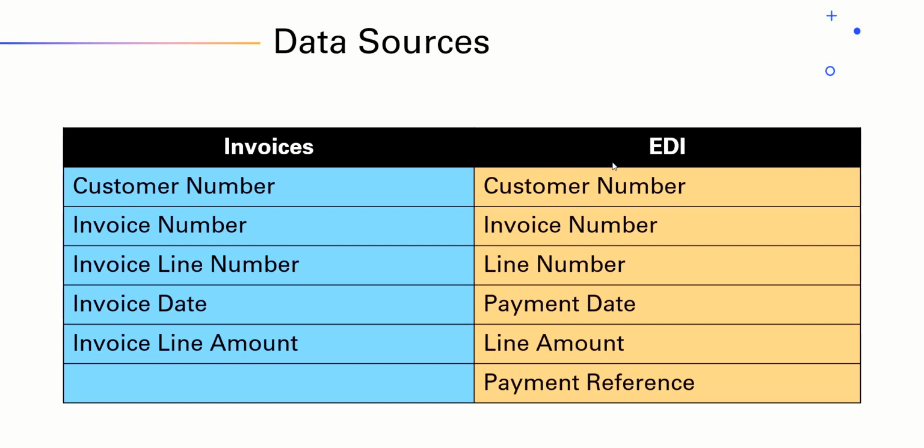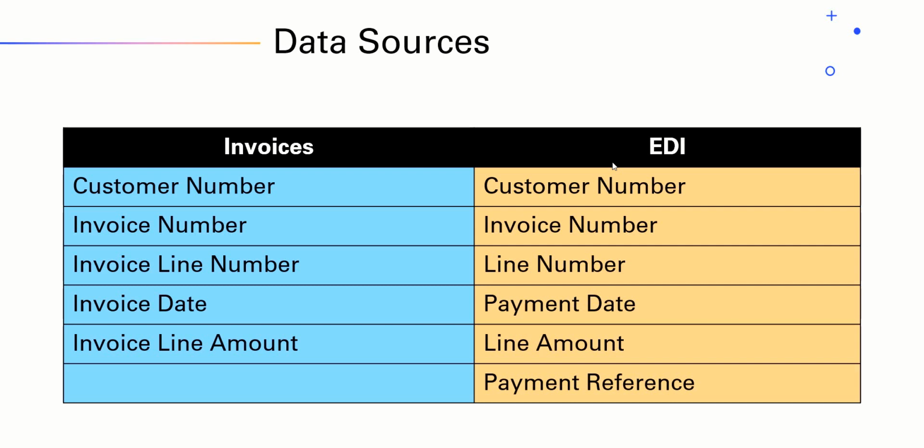So I want to take a very simple example. We have two data sources, invoices and EDI. When we talk about transaction matching, think of it as trying to reconcile data between two different data sources. If I take the example of invoices and EDI, we have customer invoices. Let's say we invoiced $1,000 and we get a payment file with the details.